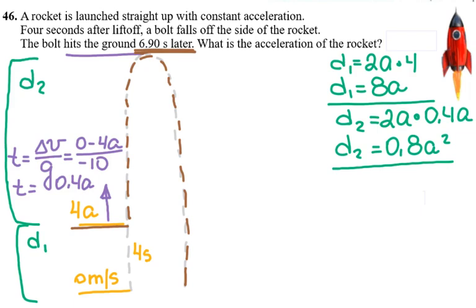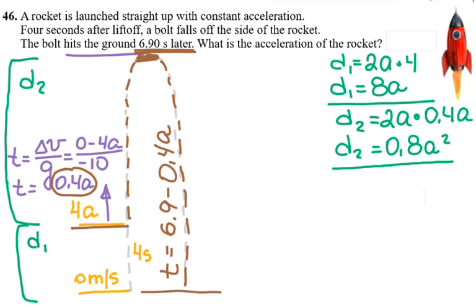But I am spending 0.4a seconds before it stops. So the time left, let me write it on the side, is 6.9 seconds minus 0.4a. This is the time to fall from all the way at the top to all the way at the bottom. Since I know the time it takes to fall on the ground, I can figure out this velocity.